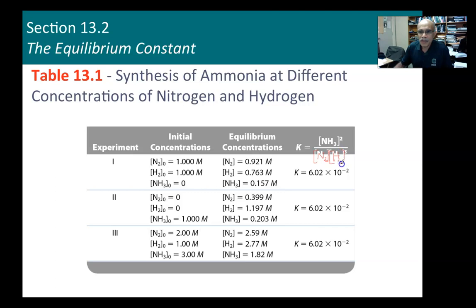So that should be the formula for the equilibrium constant here. And you calculate the value of K in this first experiment. You get 6.02 times 10 to the power minus 2.